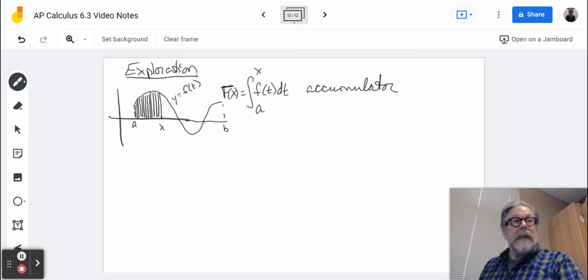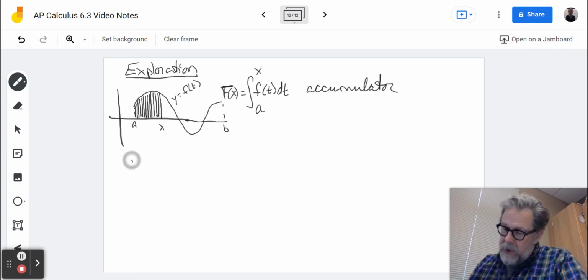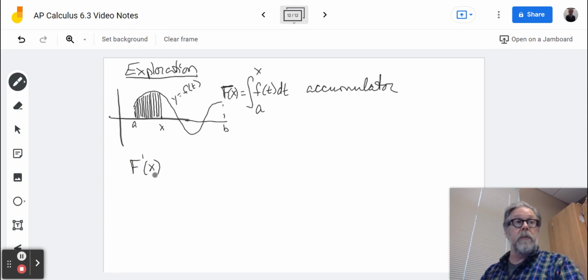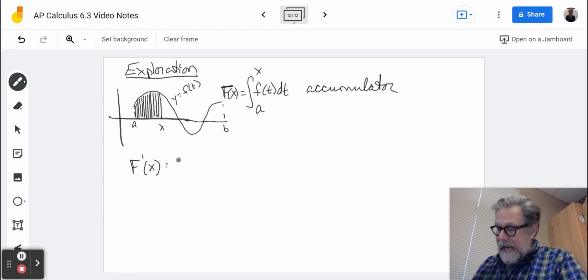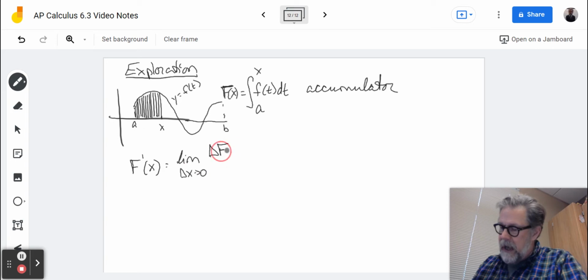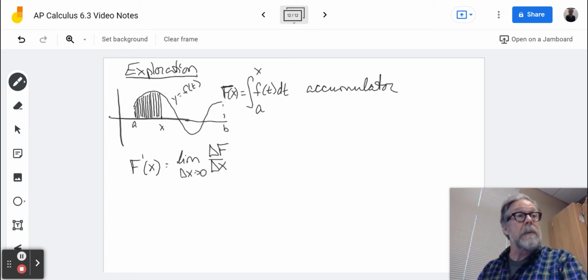All right, so let's think about derivatives. If I want to take the derivative of F with respect to x, I could say that it is the limit as the change in x goes to 0 of change in F over change in x. Again, notice uppercase because we're talking about our accumulator function.